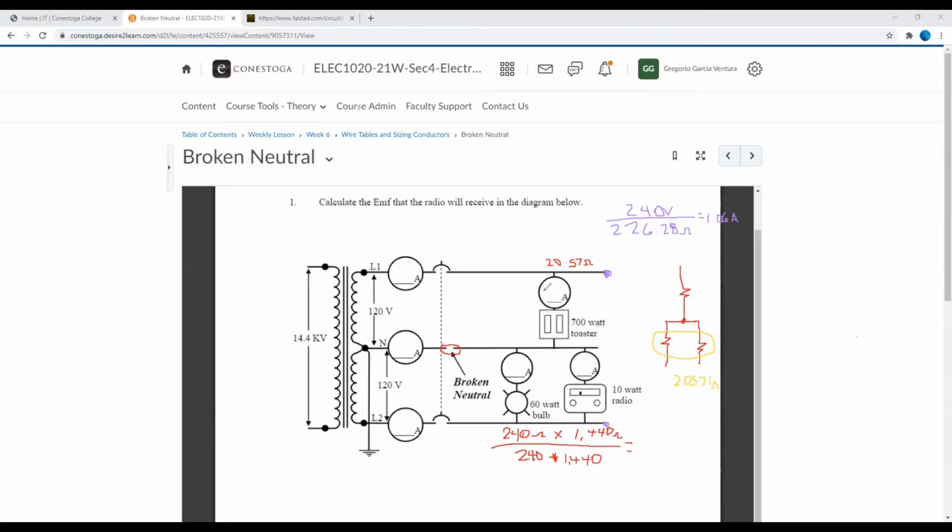Yeah, I'm good. So with the broken neutral, we have 1.06 amps.